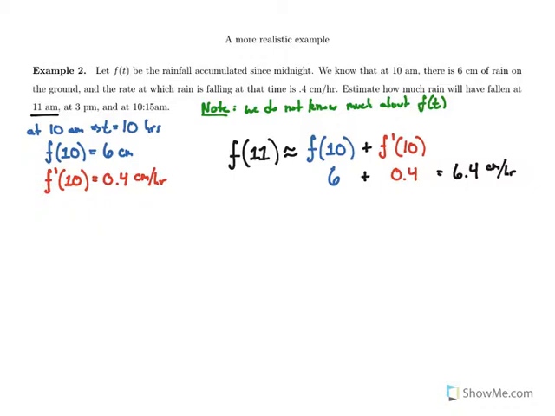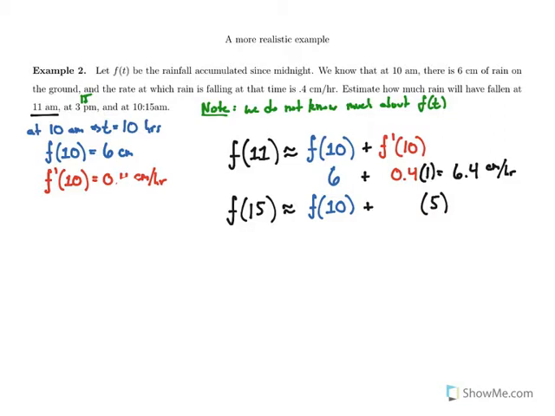All right, so let's just do the rest of these. How could I deal with 3 p.m.? Well, note that 3 p.m. is the same as 15 hours past midnight. So f of 15 is going to be about our starting point, f of 10, plus 0.4 times how many more hours we have to go, which is 5. In the previous example, we only had to go 1 hour.